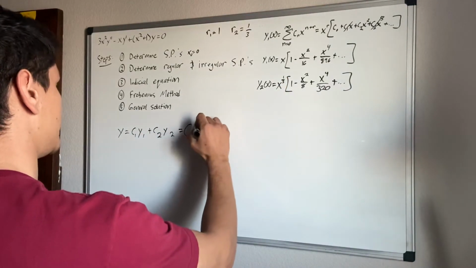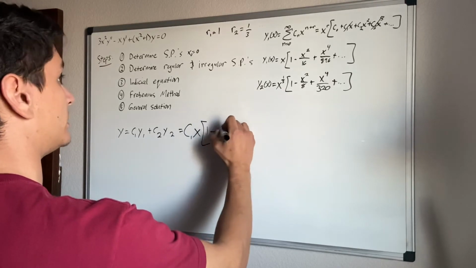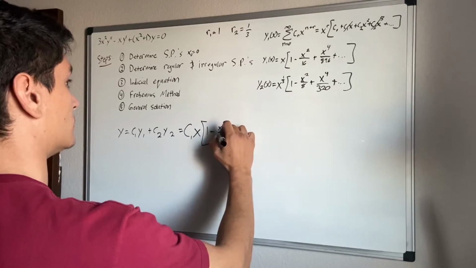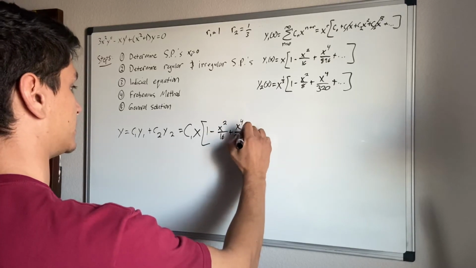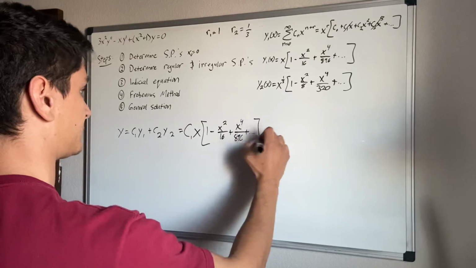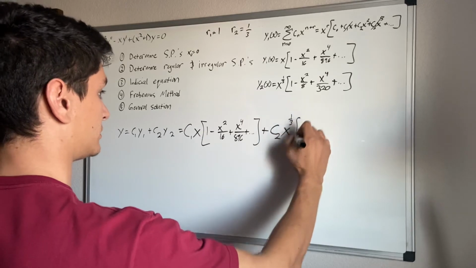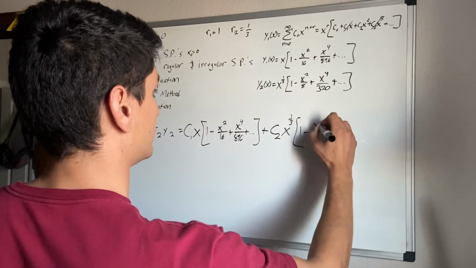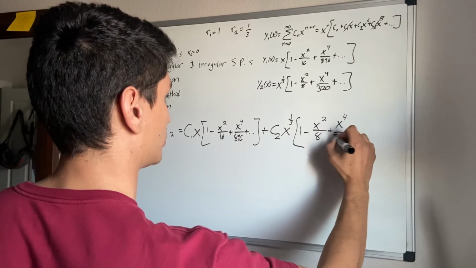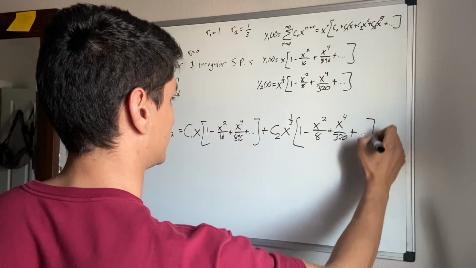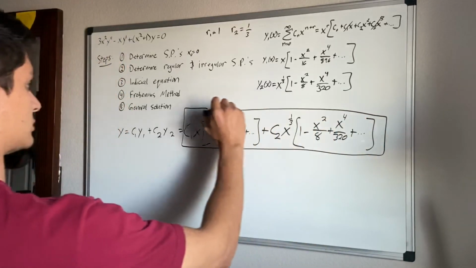So we have big C1 times x times the series 1 minus x squared over 16 plus x to the 4th over 896 plus dot dot dot, plus C sub 2 times x to the 1/3 times the series 1 minus x squared over 8 plus x to the 4th over 320 plus dot dot dot all the way to infinity. And that is the final answer.